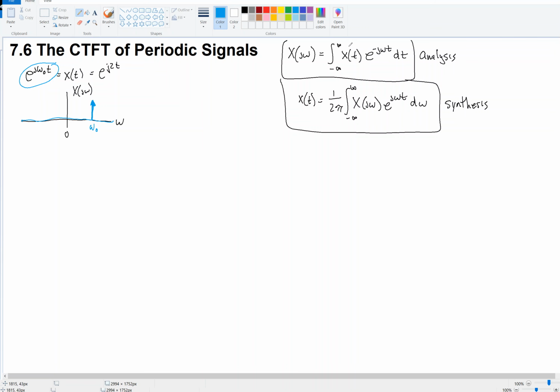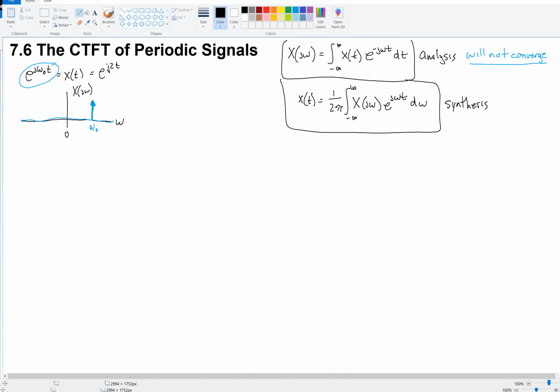So all that is to say, if you give me a periodic signal, this analysis equation will not converge. That is technical speak for you won't get an answer. You cannot use this equation. So how are we going to do this then?